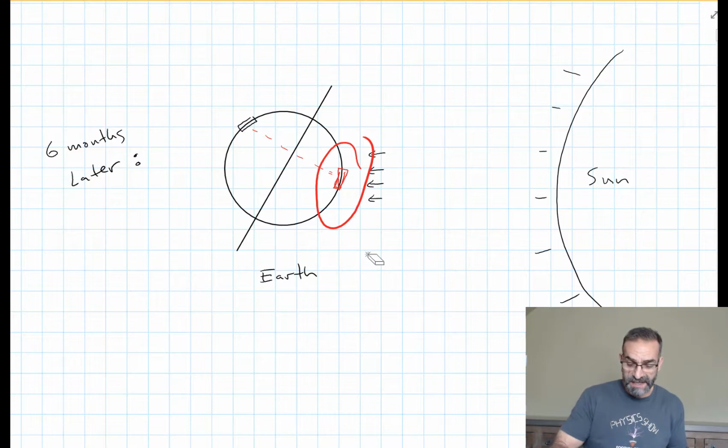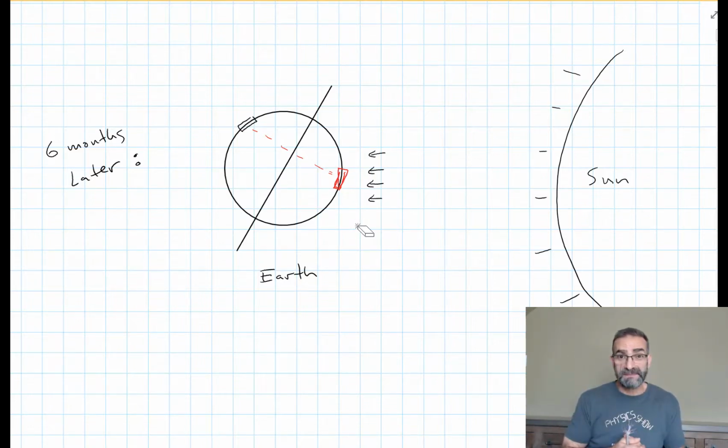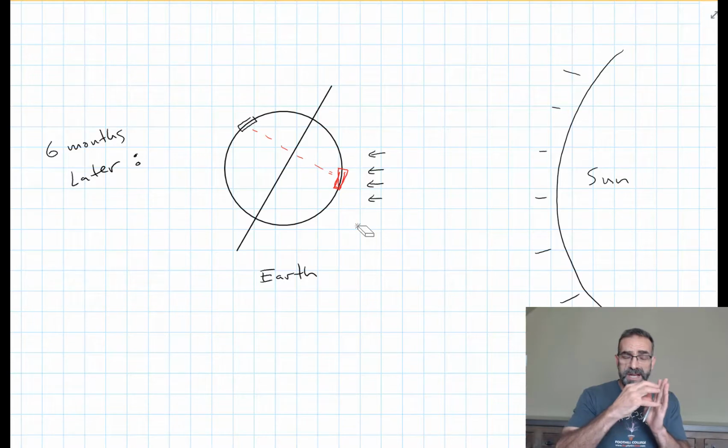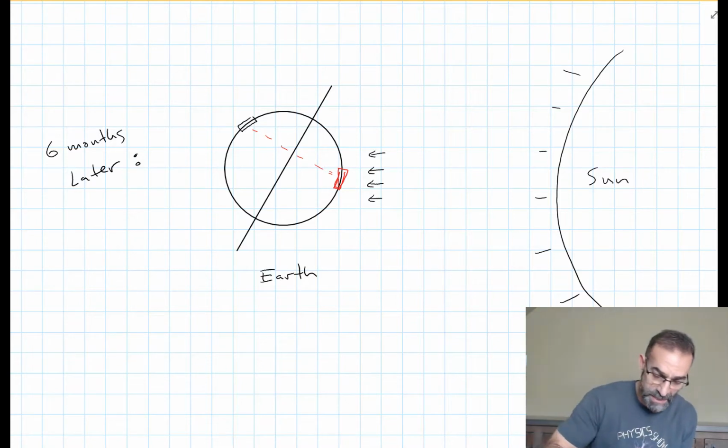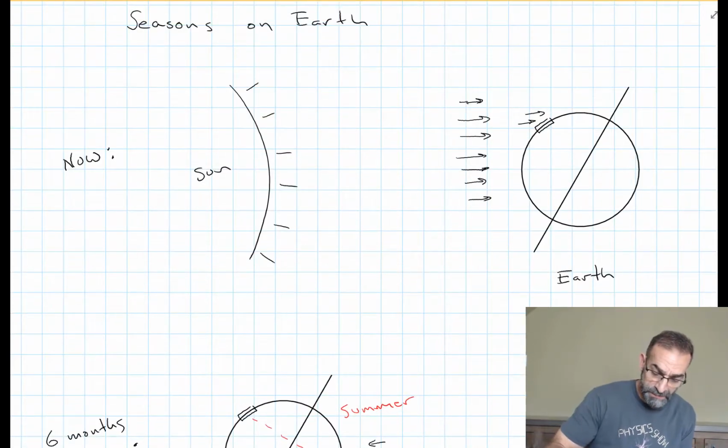And it's facing the sun almost normal to the light coming in. So each section of Earth is being hit with more light, with more concentrated light energy. It absorbs more of that energy, it heats up more. This would be summertime, and this would be our winter.